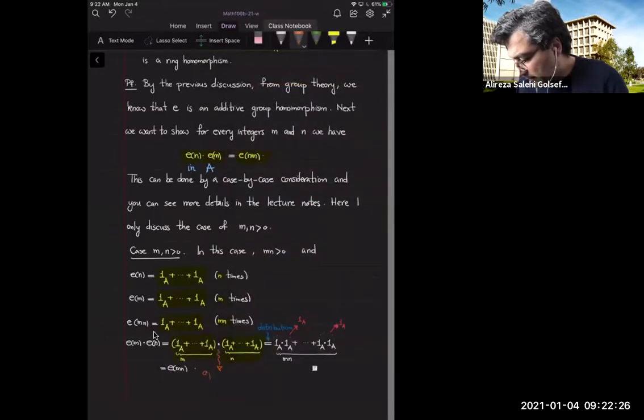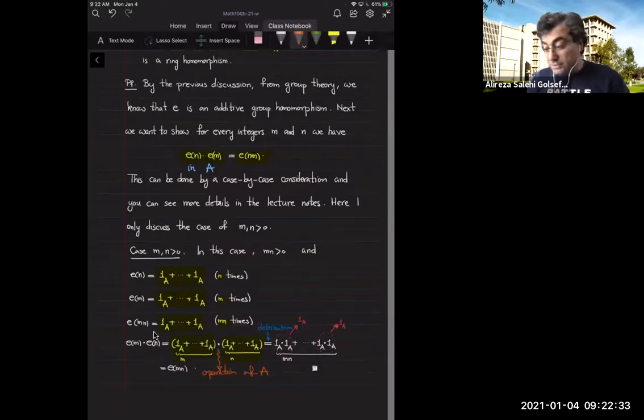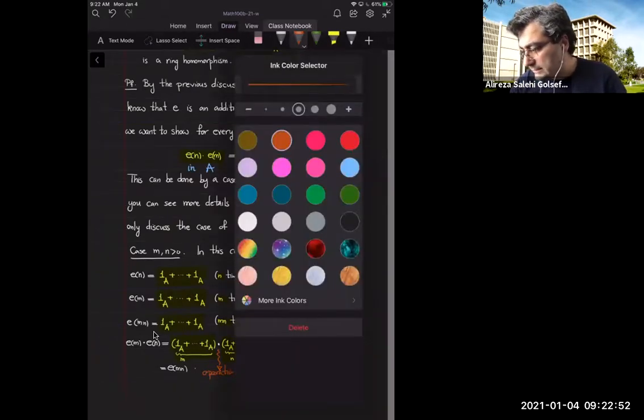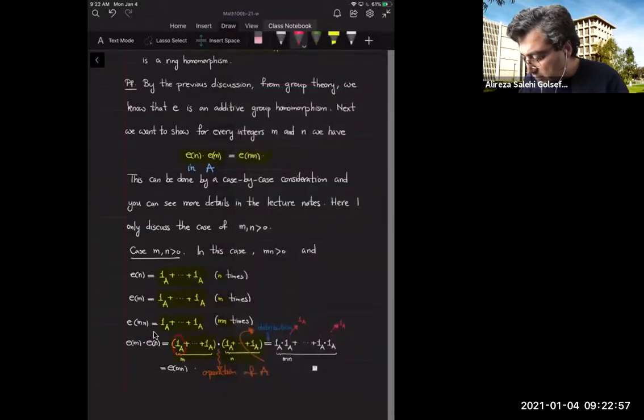It is the operation of A. That means I can use the distributive property of the operation of the ring. Each one of these terms is going to be multiplied by all the terms of the other parentheses.